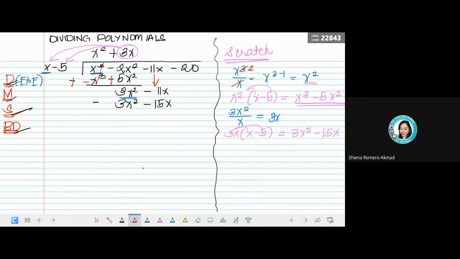After you subtract, change the sign. Proceed to addition. Okay? And then perform the indicated operation. This is 3x squared plus negative 3x squared. Magiging 0 na yan. Negative 11 plus positive 15. That is positive 4x.